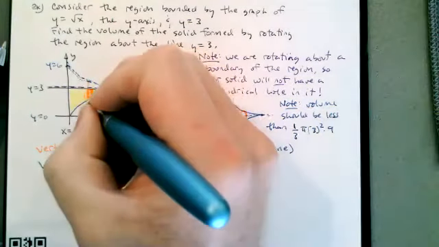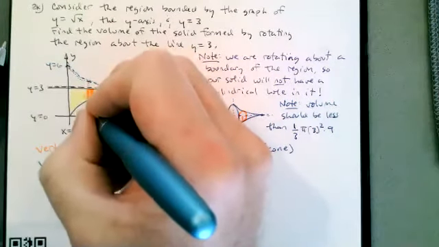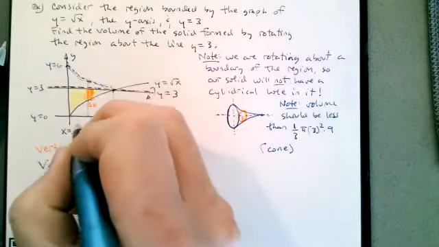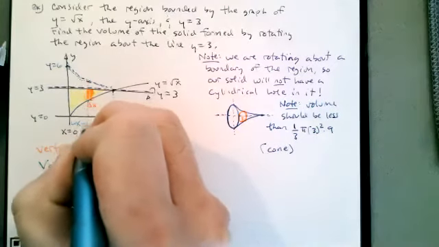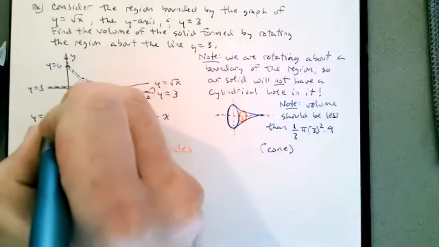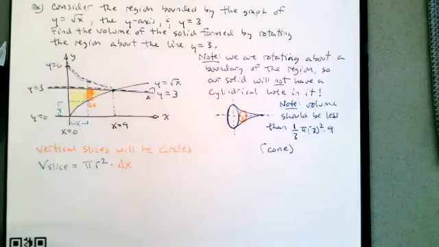We should note that the slice intersects a point on the graph. And so we have to label our x and y. And then we have to look at our slice and label the radius.